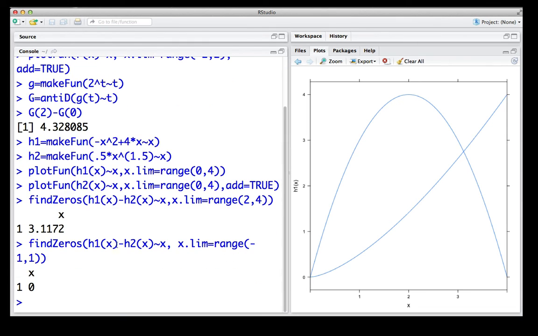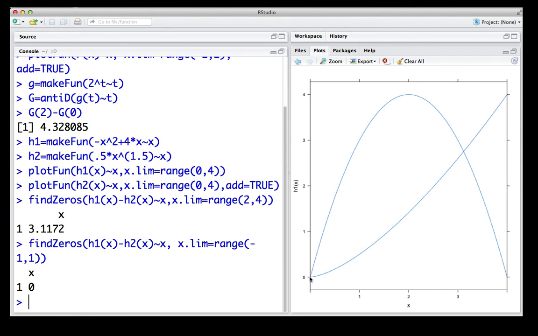So we told R this time to look for zeros when you subtract the two functions. So basically that's saying again where those two functions are equal, when x is between, and this is a little hard to see because it wrapped around, negative 1 and 1. And it said, oh, there's one zero. That's it. It's right there at x equals 0. Okay, so at least now we know the limits of the definite integral.